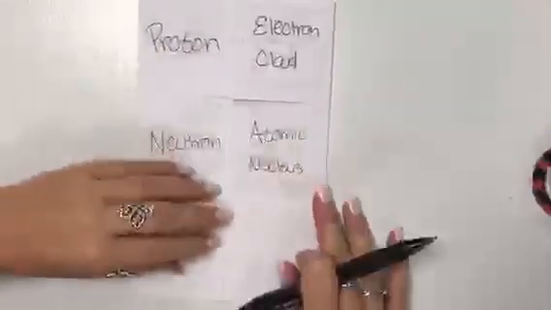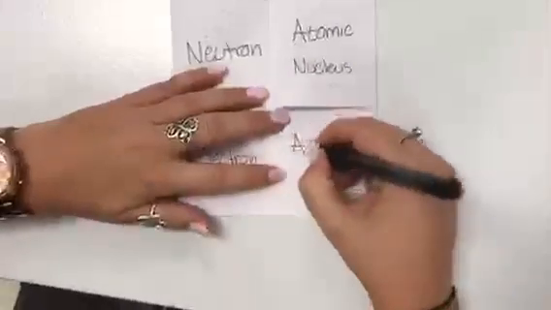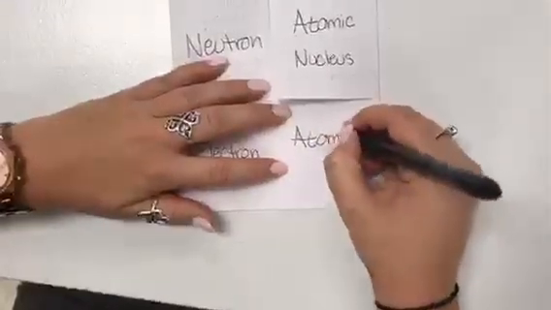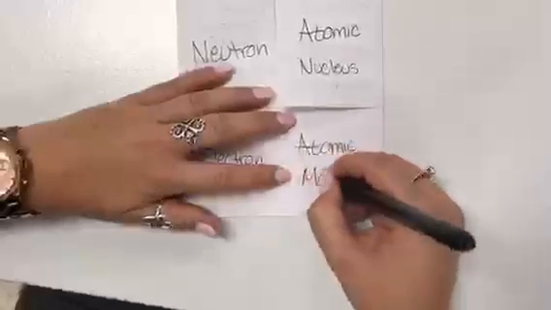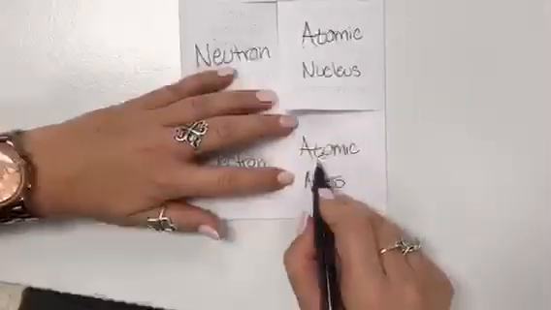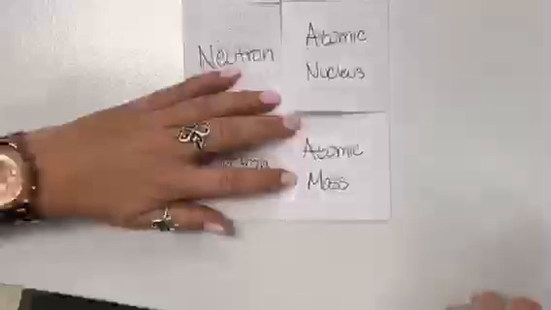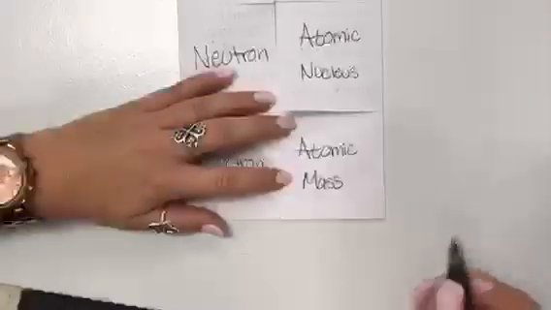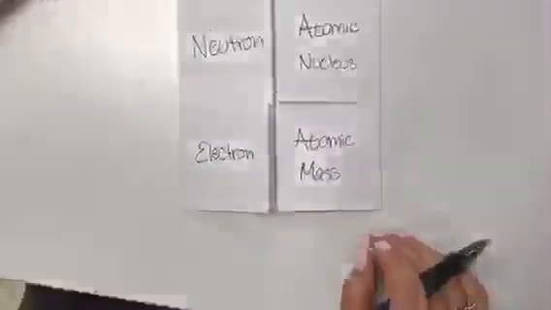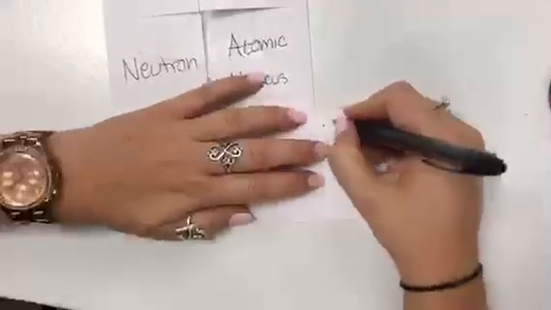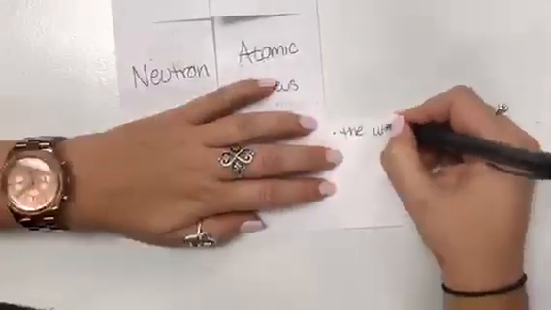The last one here at the bottom is going to be the atomic mass. So atomic is Atomic, mass is Mass. The atomic mass, this is just the weight of the atom.